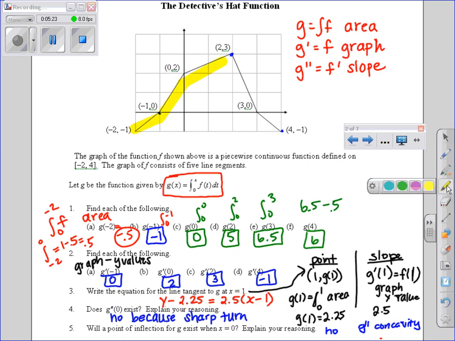It doesn't change to be negative until we get to 2. So at 2, there's going to be a point of inflection. Not at 0. At 0, we're positive, we're still positive. So no, because concavity doesn't change.